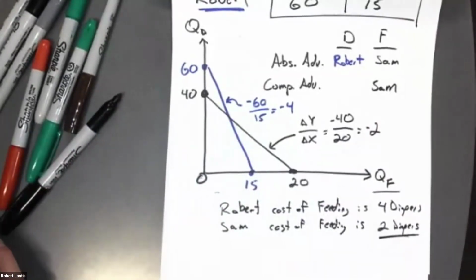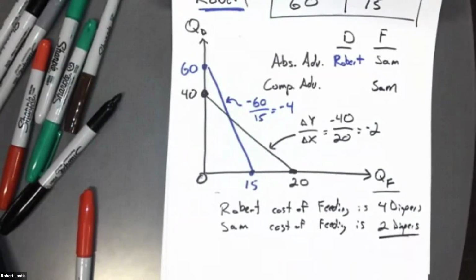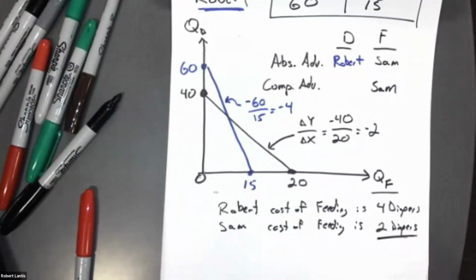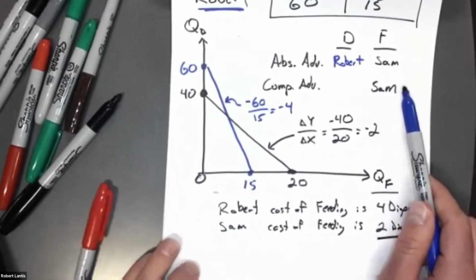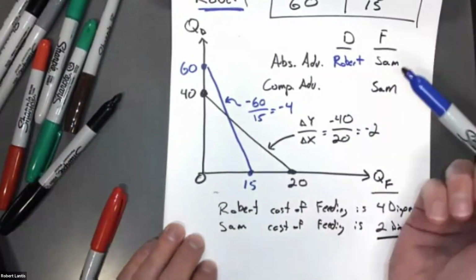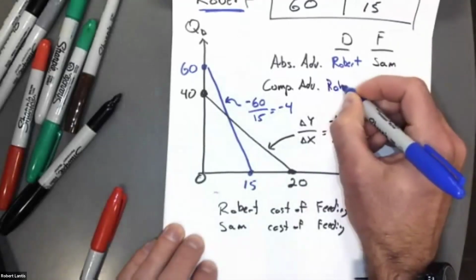Any questions on that before I keep moving here? All right. Now, there's a couple different ways of figuring this out. One, if we can remember, you can only have a comparative advantage in one good, right? So if Sam has a comparative advantage in feedings, that means that Robert must have the comparative advantage in the other good.